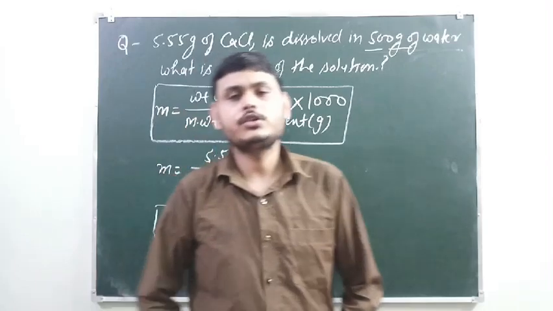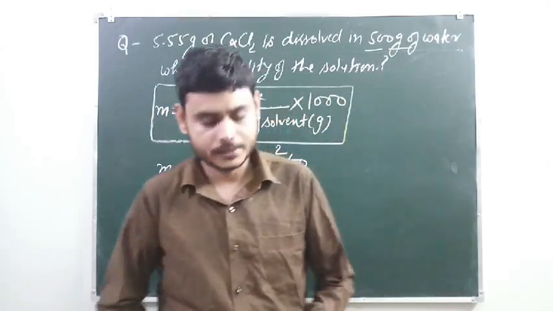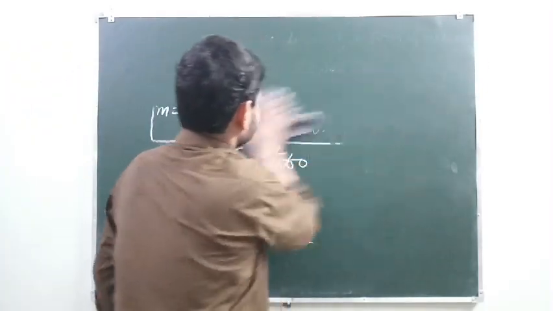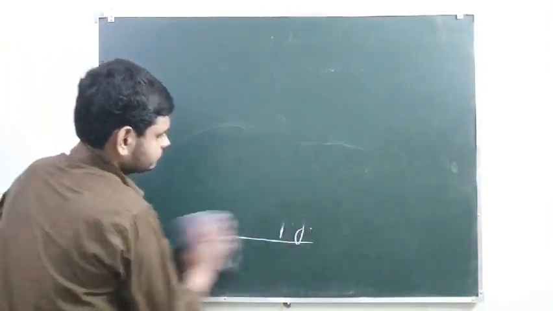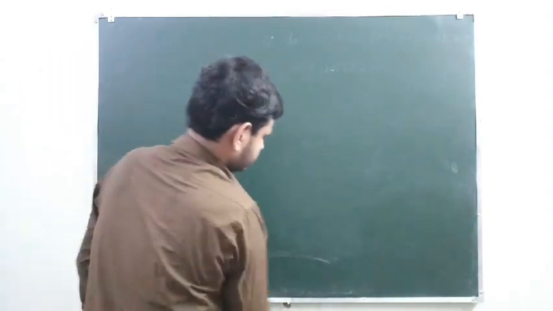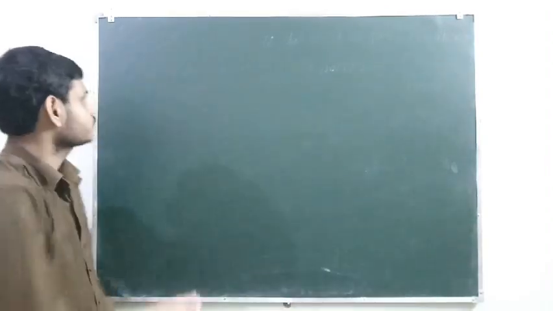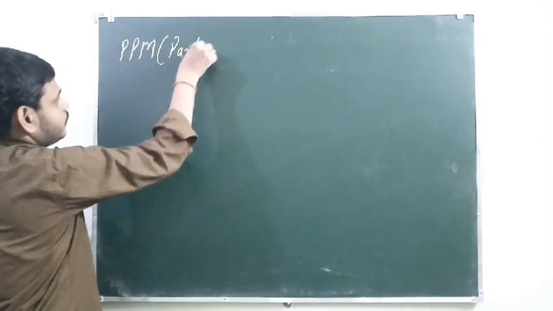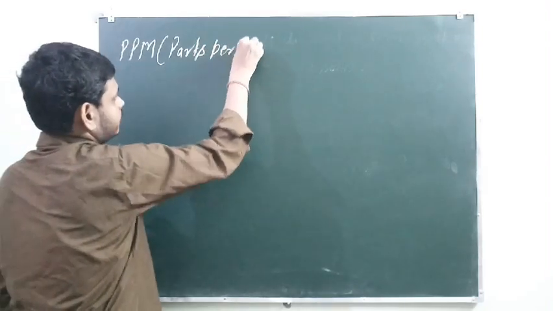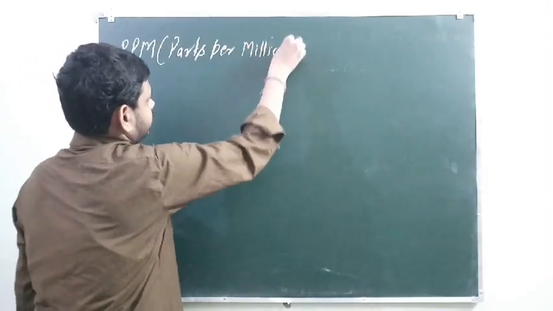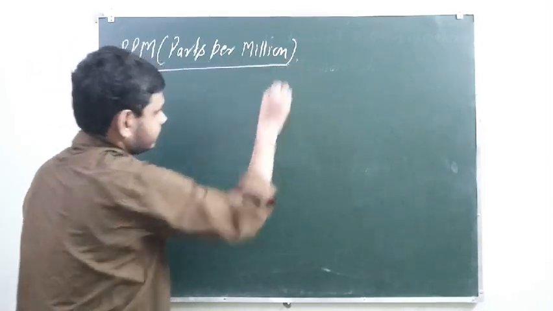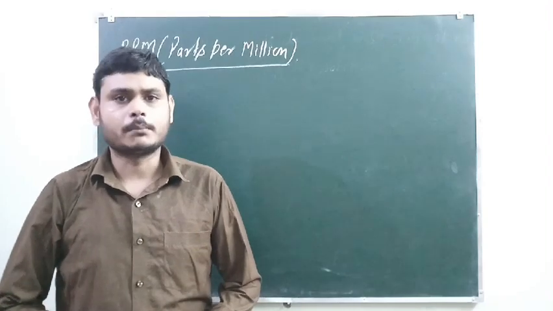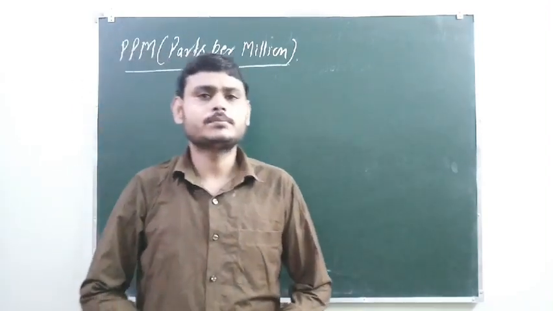Now, the new topic is parts per million, ppm. It is defined as the amount of solute in gram present in 1 million of the solution.